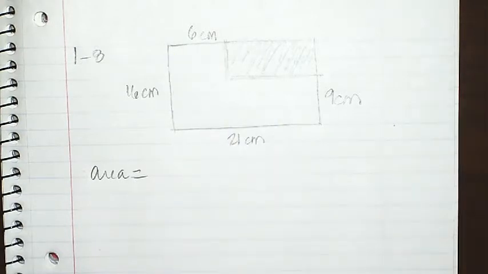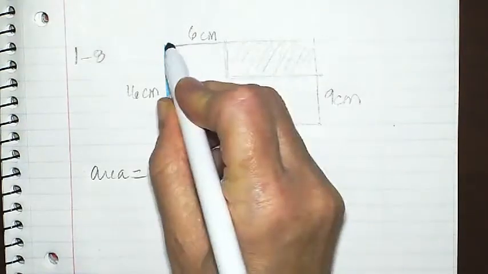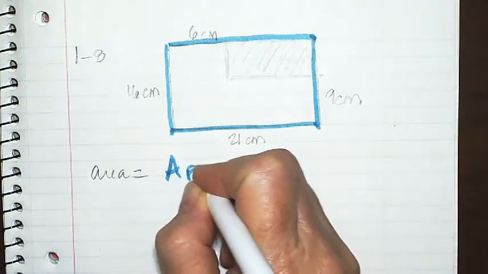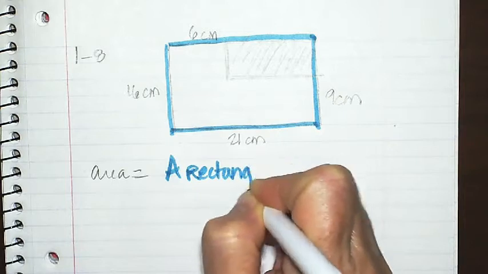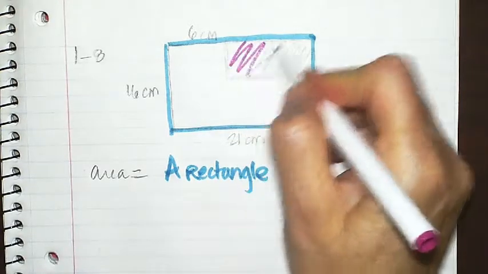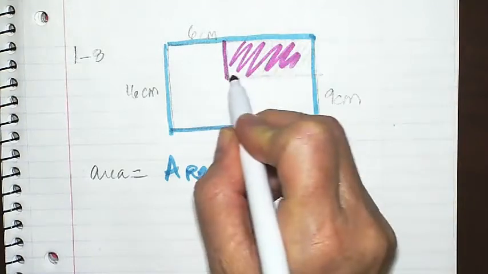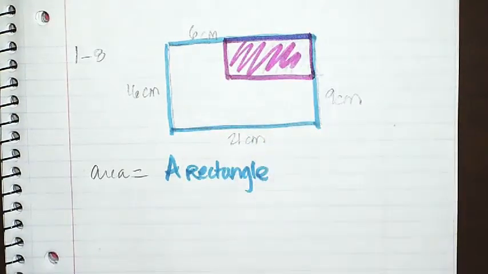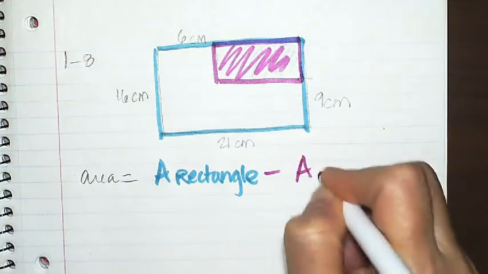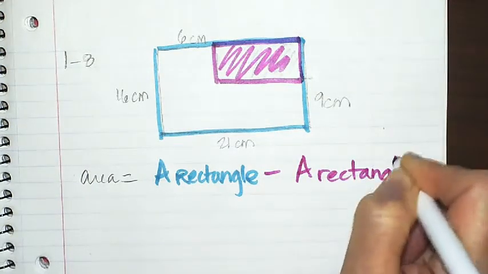What I'm going to do is get the area of the large rectangle, and I'm going to call that a capital R. Then I'm just going to subtract this little piece right here because I don't want that. If I can get the area of this rectangle, I can subtract it from the big rectangle and I'll have the area of the shape that we have. So let's do minus area of the little rectangle, with a lowercase r.